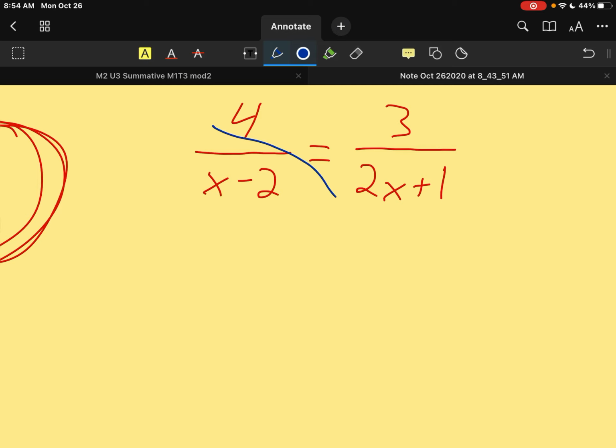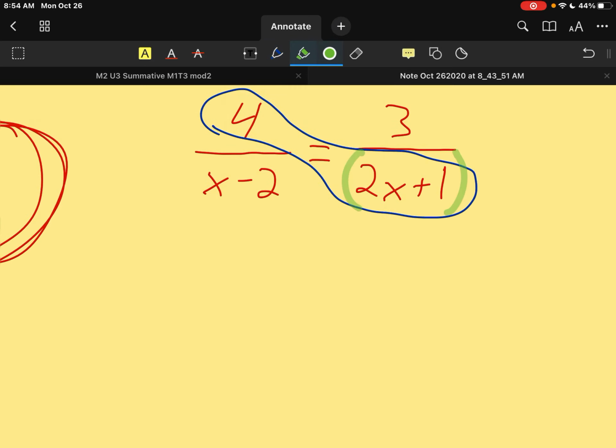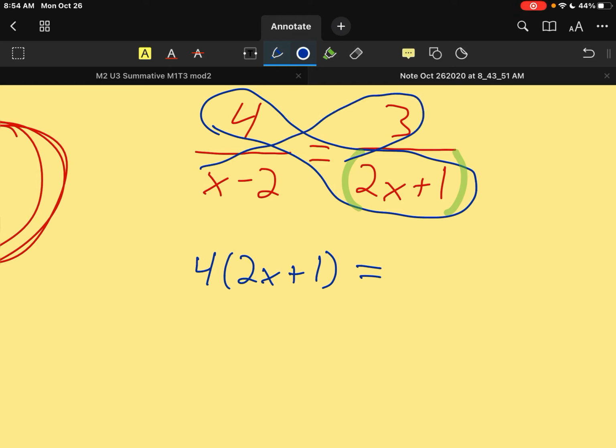All right, so I'm still going to cross multiply, which means 4 times all of this, which is 4 times that, and then it's going to be equal to the other cross multiplication, which is 3 times all of this. So 3 times x minus 2.